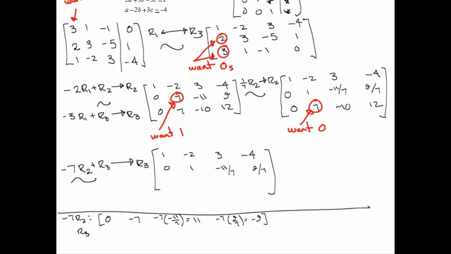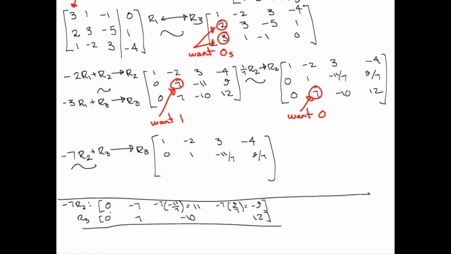And then we add row 3, which is 0, 7, negative 10, and 12. And so we get 0, 0, 1, 3, which is what's going to go back into this last row.